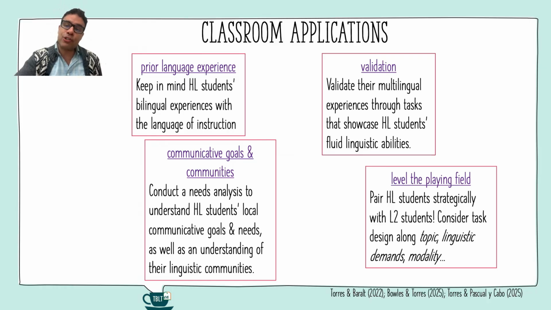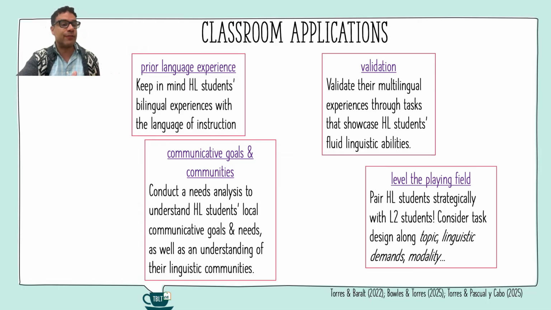And lastly, I will share that we need to think about leveling the playing field. So as we saw from the research, second language students tend to benefit more from task-based peer interactions. We want to think strategically then about how to pair second language students and heritage students, or when to pair them together to work on a task.